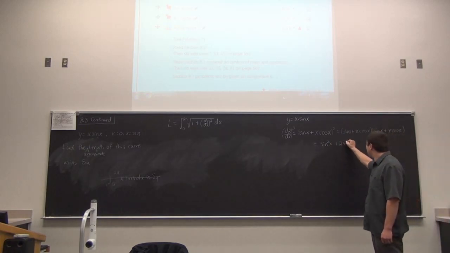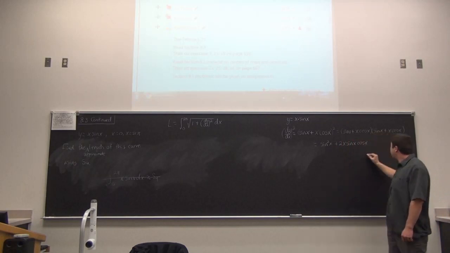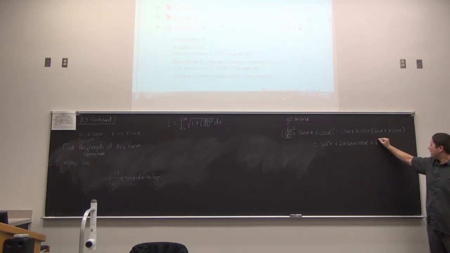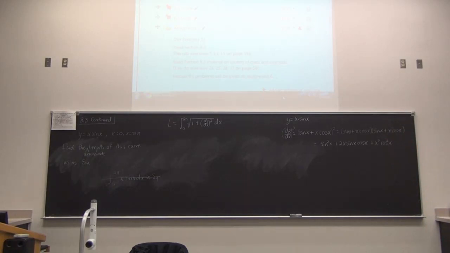So 2 copies of x sine x cosine x. Then finally we multiply here to here to get x squared cosine squared x. Tragically, nothing really simplifies there. We almost have sine squared plus cosine squared, but the x squared is blocking us.